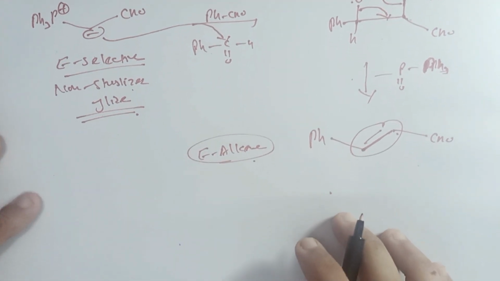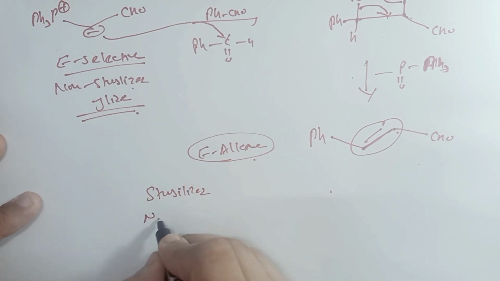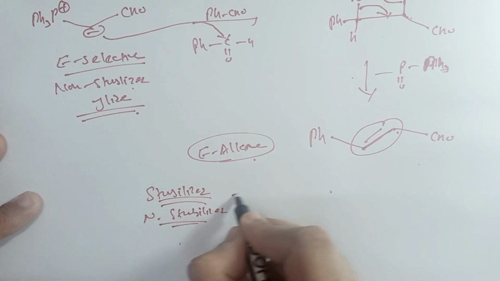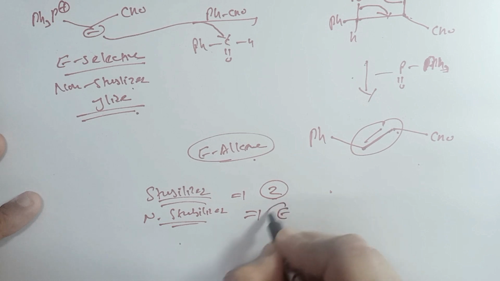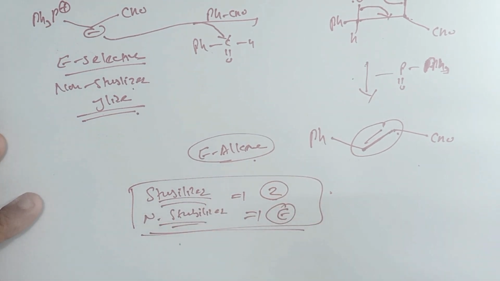By that way you can remember one thing: stabilized ylide will produce a Z-alkene and non-stabilized ylide will produce an E-alkene. So that is the summary of the Wittig reaction.